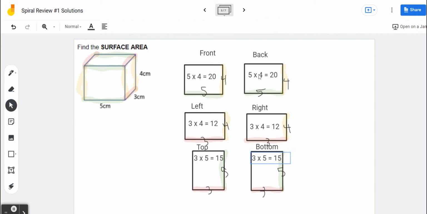So that's the area of each side, each surface. But since it's asking for the total surface area, my last step is to add all of these together. 20 plus 20, 12, 12, 15, 15.